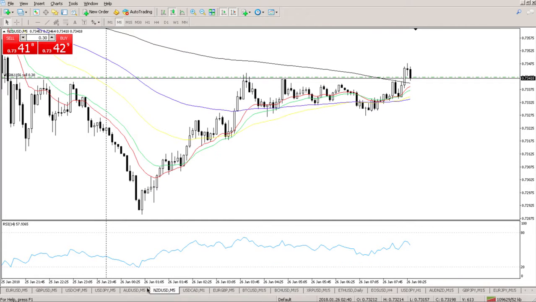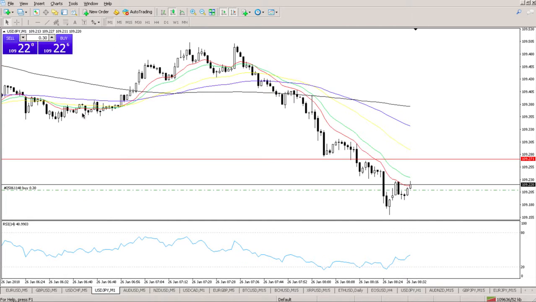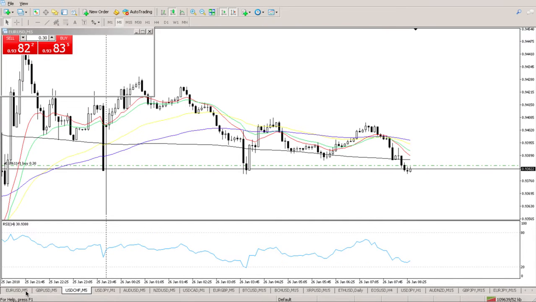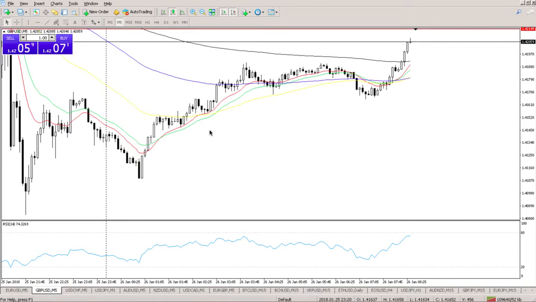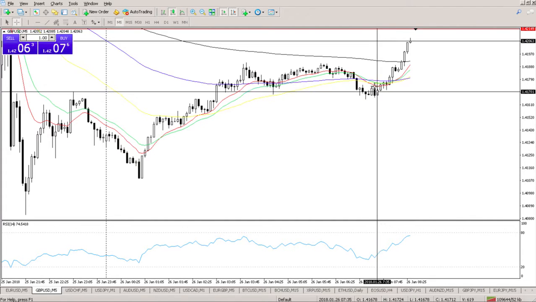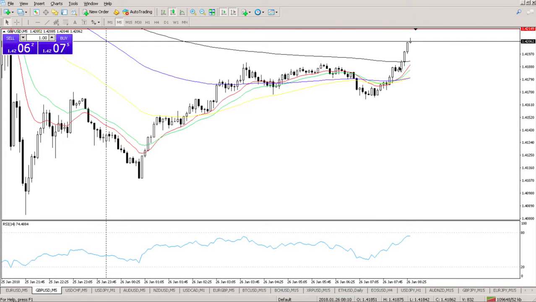Yeah, these are perfect short trades, and this looks very nice. You see, GBP USD is the only one which is rising. If you have followed my previous videos, I was talking about this reversal here. I could have gone long, but it's a very tricky situation.